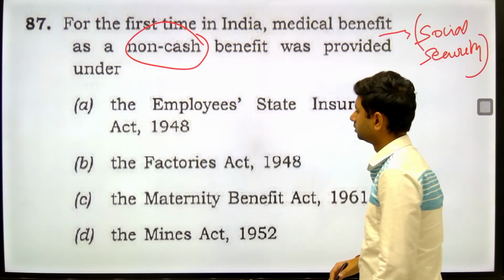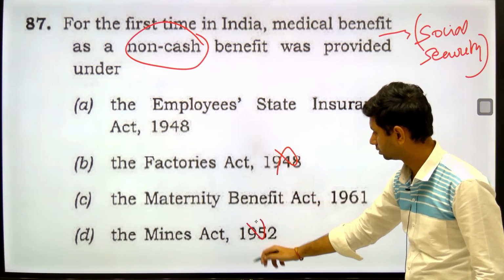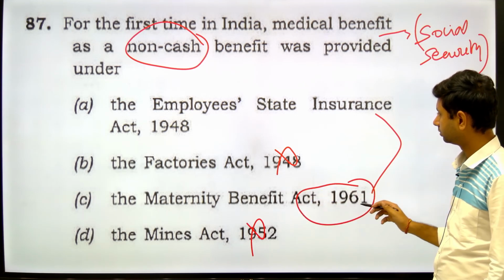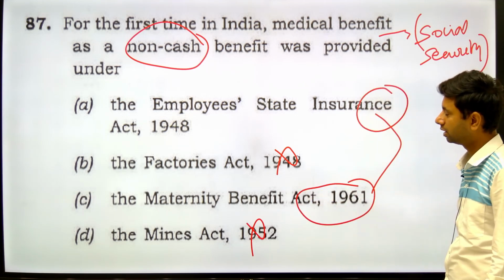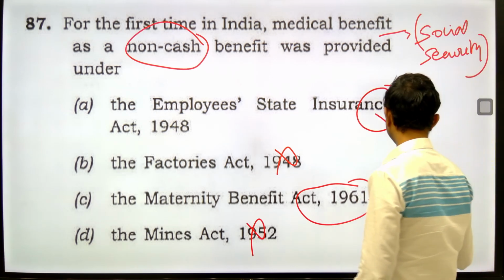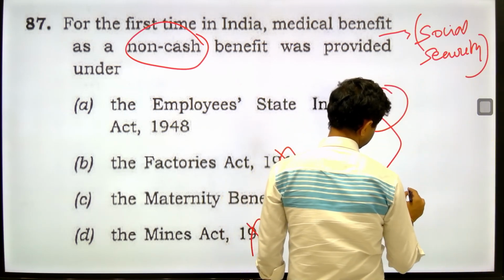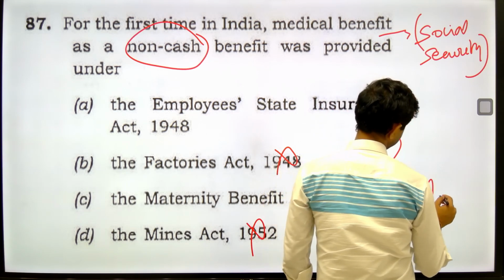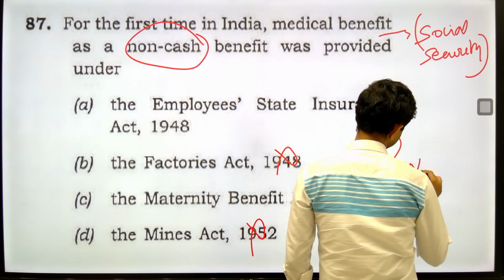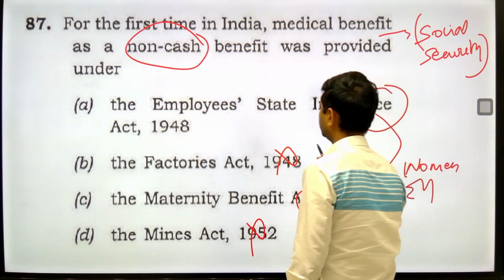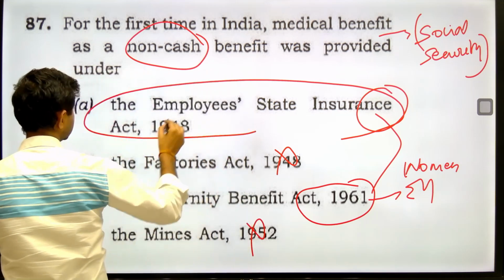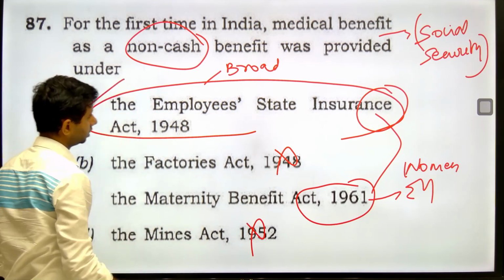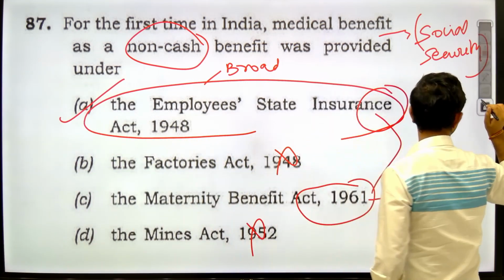Okay, so you can eliminate these options. Now the Maternity Benefit Act and the Employee State Insurance Act both provide benefits, but the Maternity Benefit Act is actually specific for women, and the Employee State Insurance Act is actually broad in nature. So the right answer is the Employee State Insurance Act.